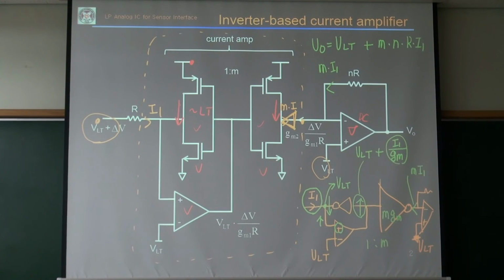So there are some other advantages. Even we can reduce VDD, this supply voltage. Or we can make these devices smaller, not to consume too much power at the logic threshold.